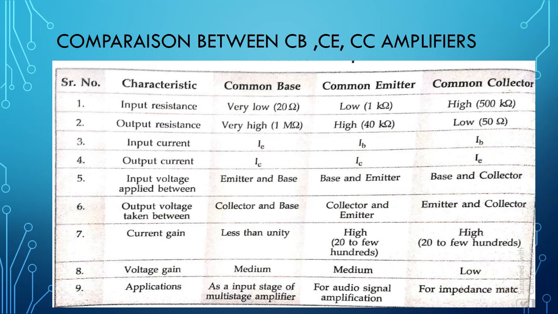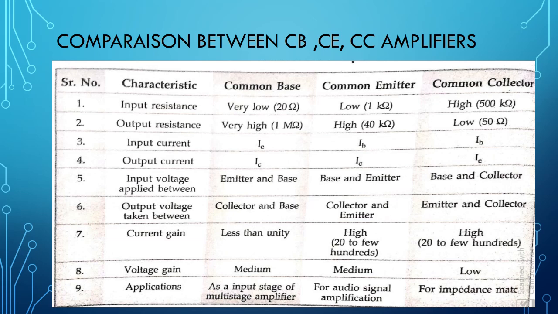We also have another relation, IC is equal to beta into IB. So we can write beta is equal to IC by IB. Since IB is very small, obviously the beta value, that is the current gain, is very high. In the common collector also it is the same: the current gain is very high because the input current is the base current and the output current is the emitter current.